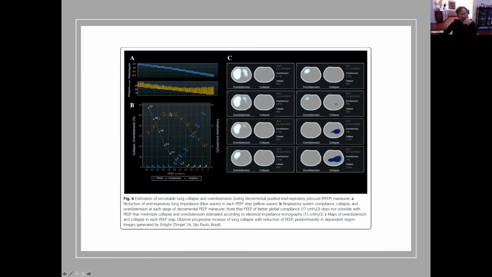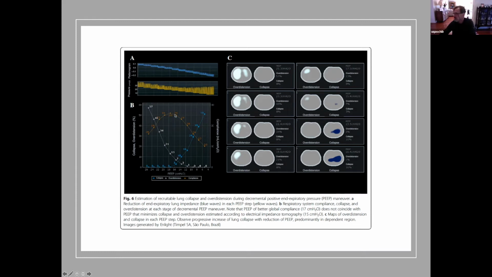And if you calculate then the ratio between over distension and collapse, you may find a sweet spot. And as usual, it's like blood pressure, it's a drug dose, it's ventilation dose. There is an individual sweet spot where a patient may benefit from titrating PEEP, where you get less disadvantage, more advantage, or sort of a compromise in that sweet spot.